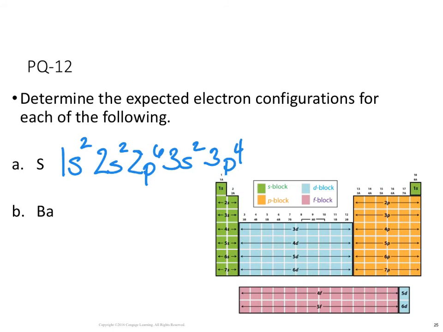If we look at barium, barium is located right here in the periodic table. So let's work our way down to barium.